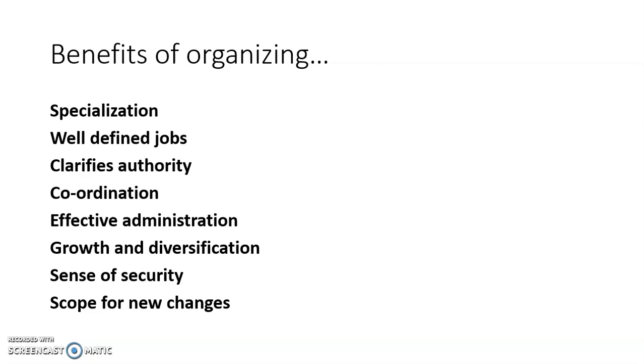The employees of the organization and even stakeholders get a sense of security because of the systematic organizing of the organization, and it also creates the scope for new changes. It means if any changes come in the environment, because of the well organized things in place in the organization, it has the scope for new changes also.